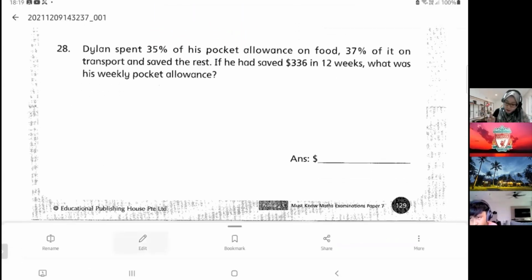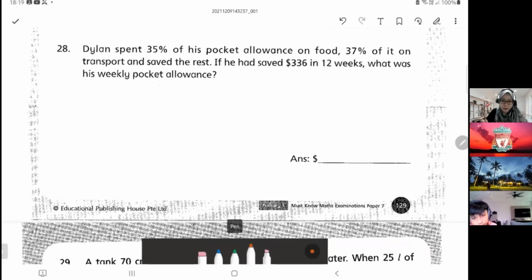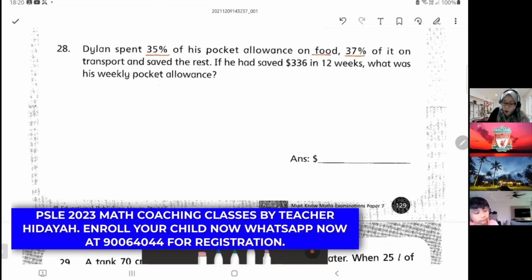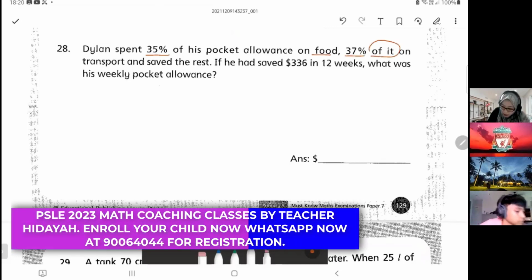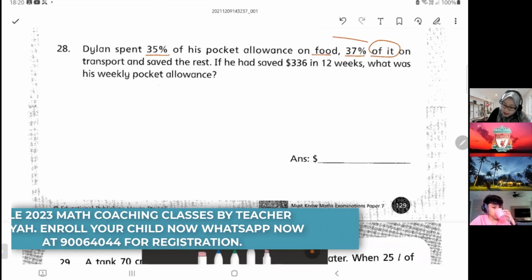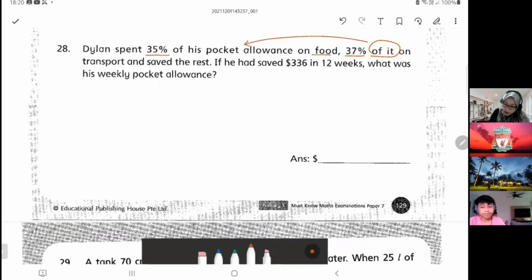Okay, this one you must listen properly. It's a problem sum. Even though it looks simple, it's still a problem sum, a simple one. Dylan spent 35% of his pocket allowance on food, 37% of it. So what is this it? It is the pocket allowance still. I am talking about the same thing.